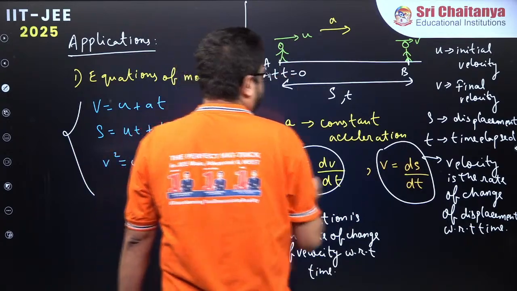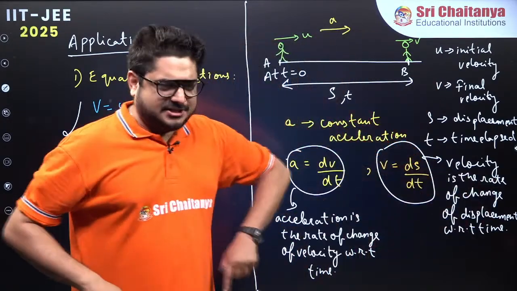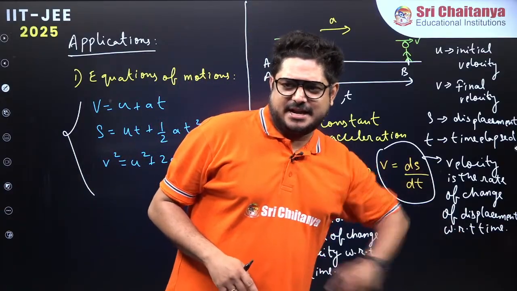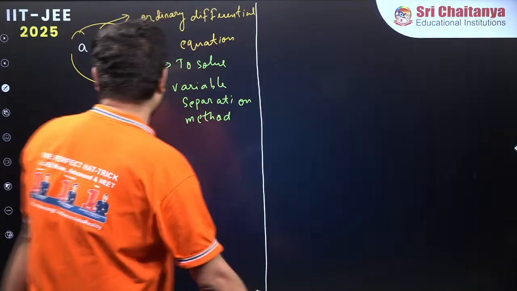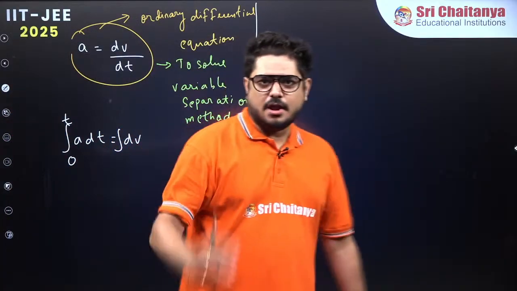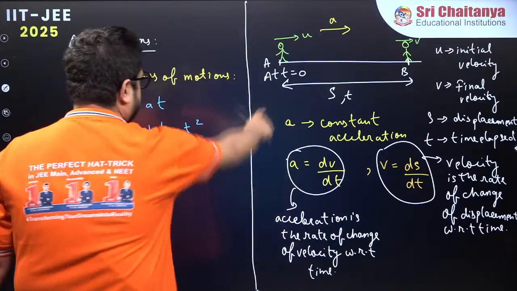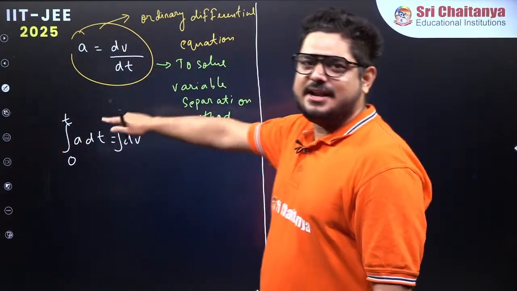Now the time which has elapsed is, let's say, t seconds. So the limits of the integral have to be from 0 to t: 0, which was my initial timestamp, and t, which was my final timestamp.